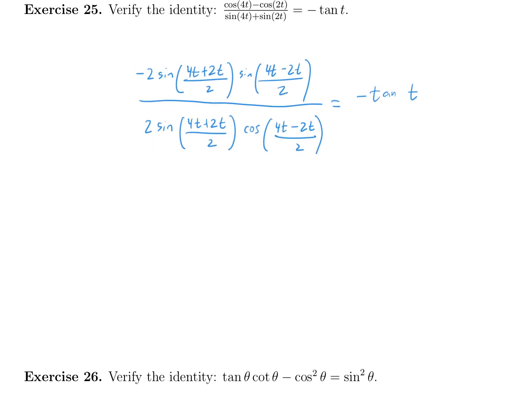All right, so this becomes -2 sine, and 6t divided by 2 is 3t. And this becomes 4t take away 2t is 2t, divided by 2 is just t. And over here we have the same thing. The sum is 3t, and the difference is 2t divided by 2, which is just t.